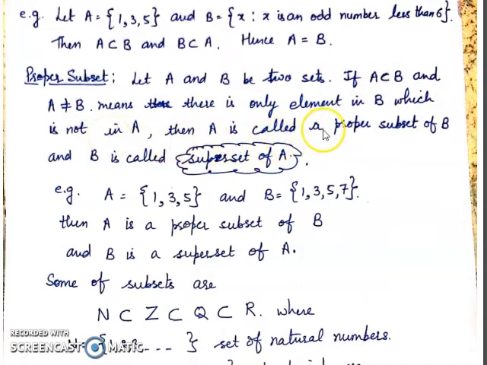Then A is called a proper subset of B and B is called a superset of A.